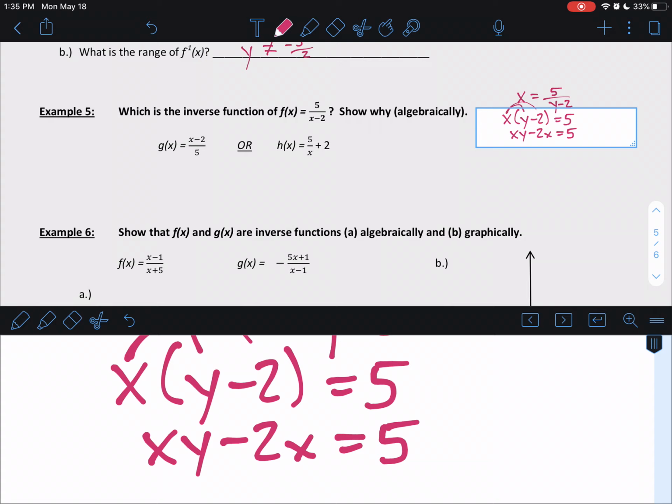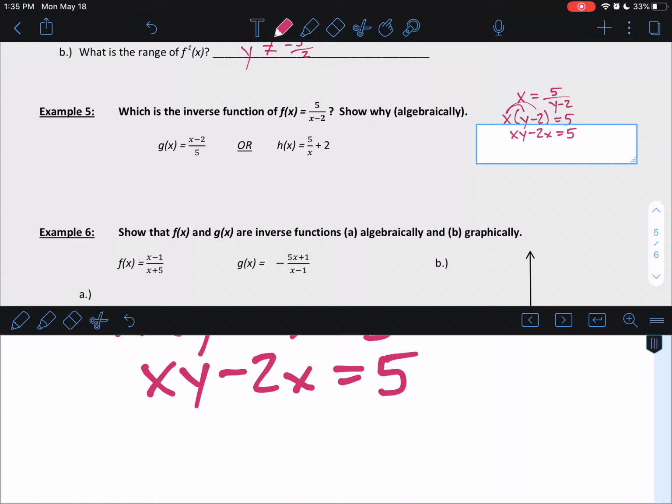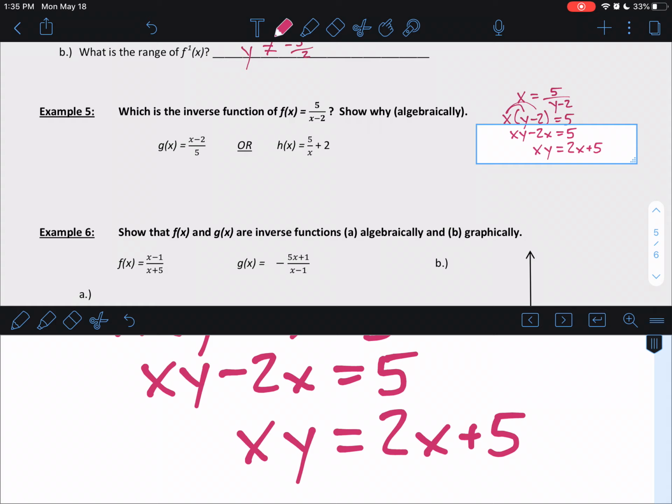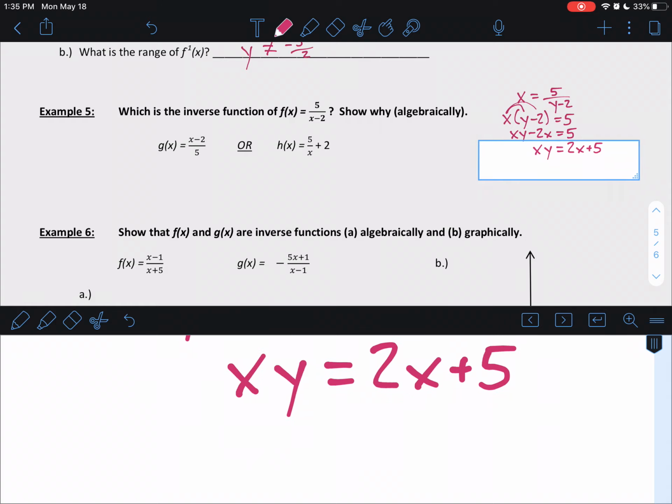I am going to add 2x to both sides to get the y all by itself on this side. So xy equals 2x plus 5. And then to get y all by itself, I just divide by x.